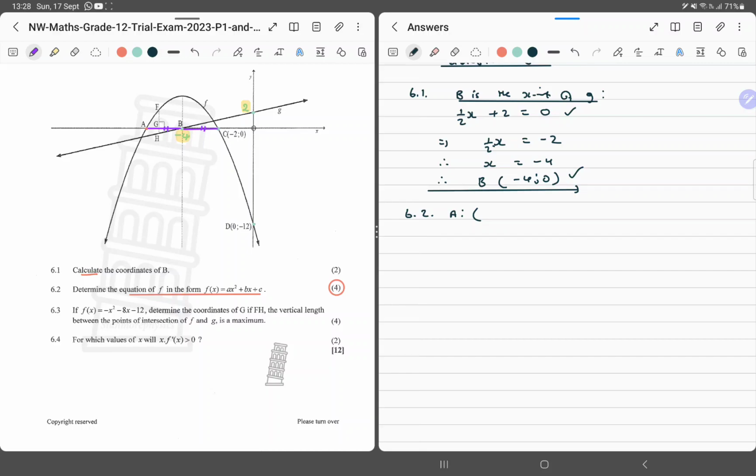But for me, I want the coordinates of A because I want my life to be sorted. So how do we do that? It's going to be x at A.